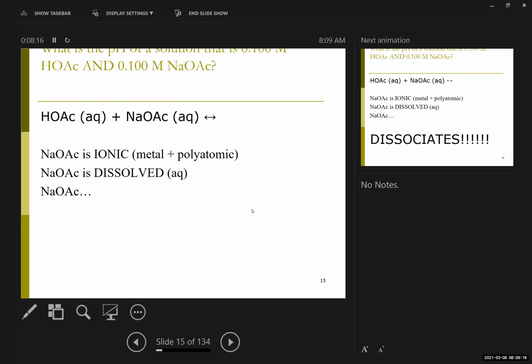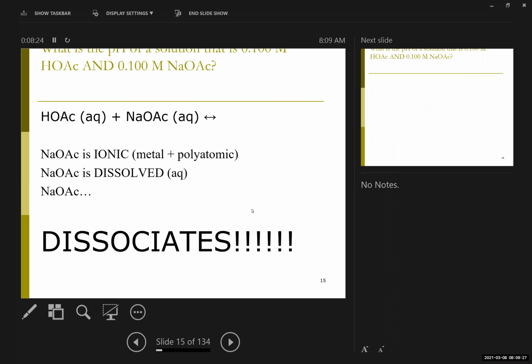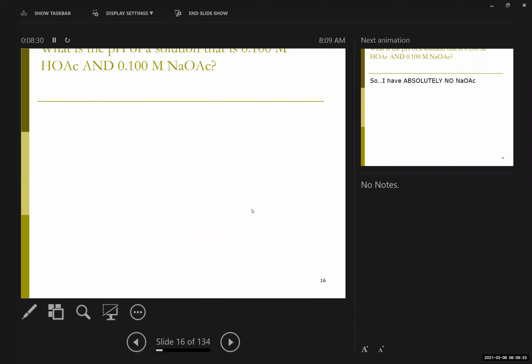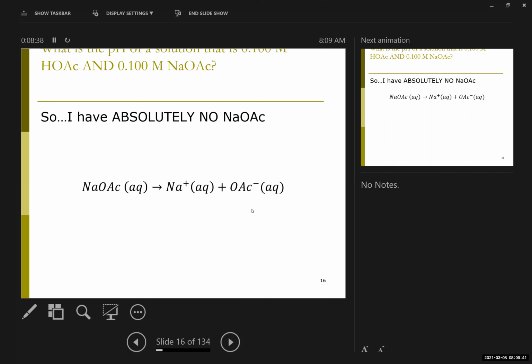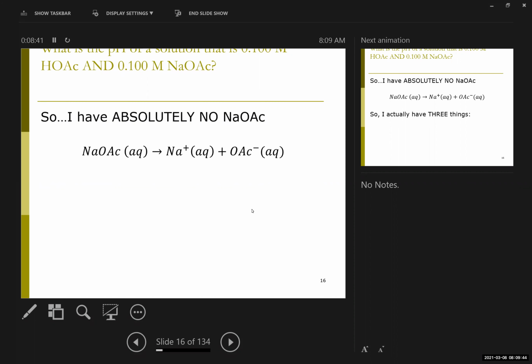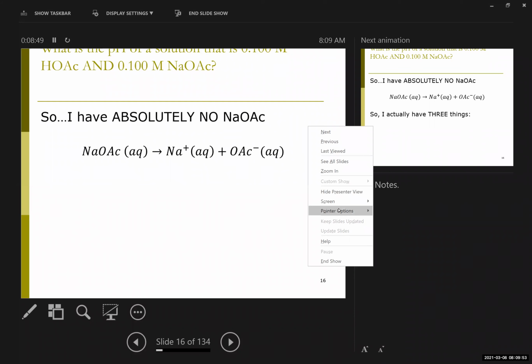It is dissolved, a 0.1 molar solution. It's aqueous, and so sodium acetate, an ionic compound dissolved in water, dissociates, which means I technically have exactly 0 sodium acetate, because it dissociated, even though my solution is often referred to as 0.1 molar sodium acetate, because that's how I made it up. I took 0.1 moles of sodium acetate and dissolved it in a liter of water.